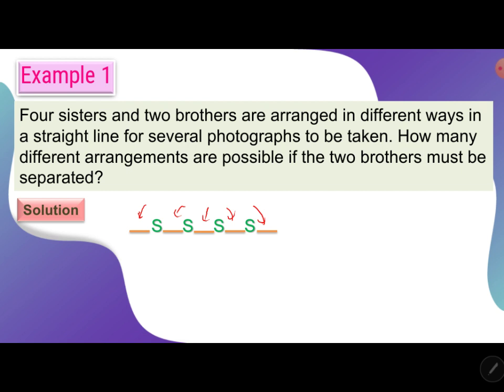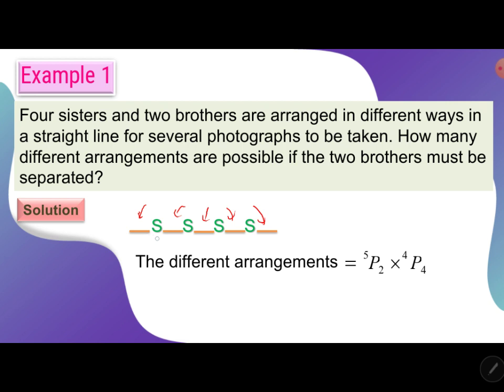So how can we calculate the ways? The different arrangements for the 2 brothers will be 5P2. Why? 5 places, and we want to put 2 brothers only. So we only use 2 out of 5 places. And then the 4 sisters, because we have 4 ways to rearrange them, it will be 4P4 or 4 factorial.